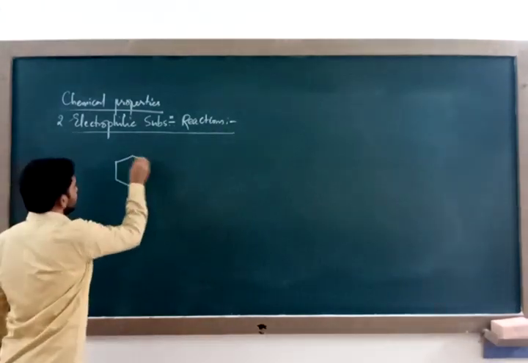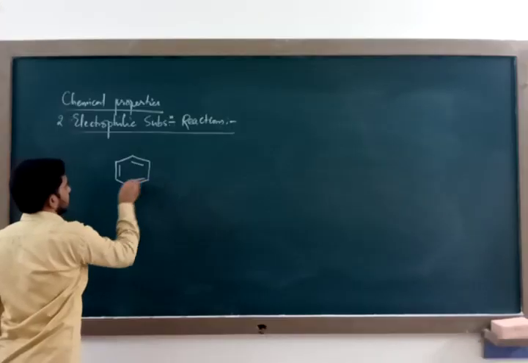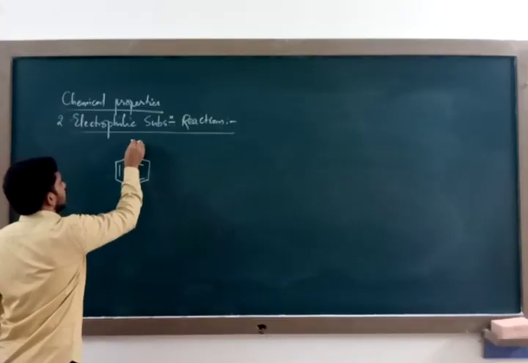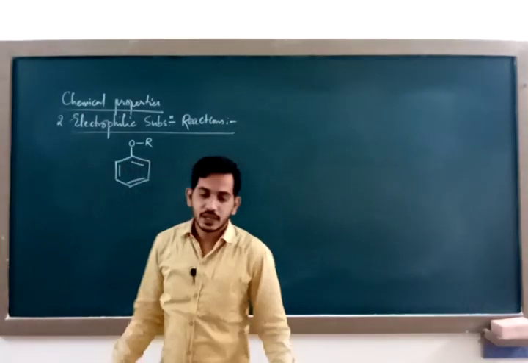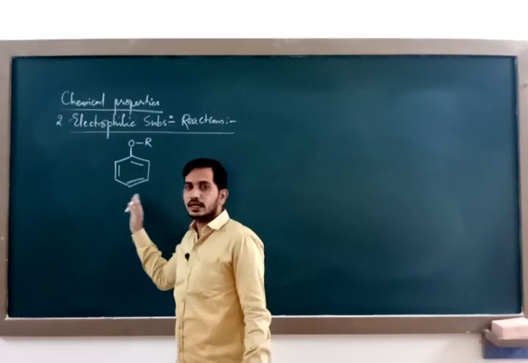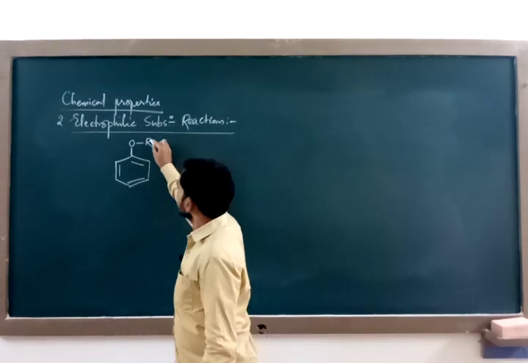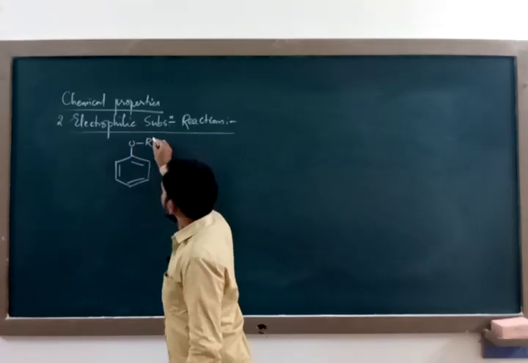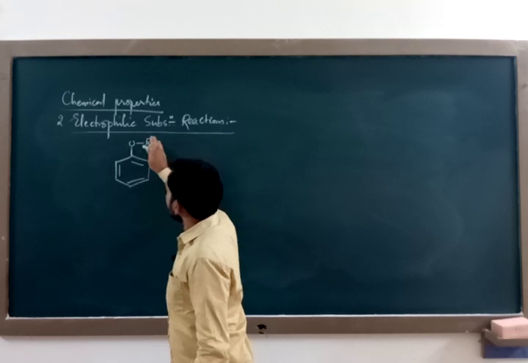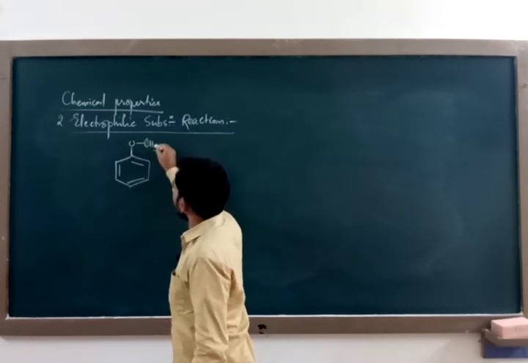So if I use an aryl oxybenzene, that is unsymmetrical ether, then you know that in this group I can replace R by CH3.